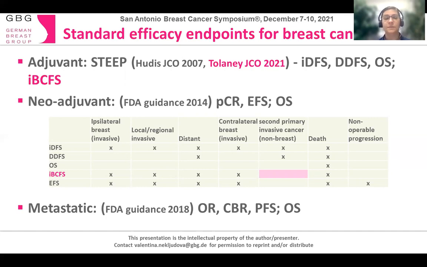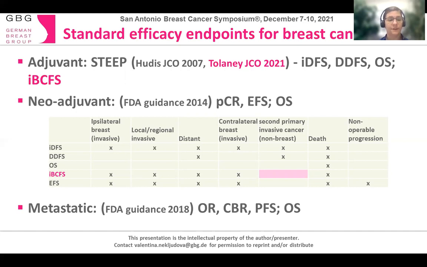For adjuvant breast cancer trials, there is STEEP, which stands for Standardized Efficacy Endpoint in Clinical Trials. STEEP was first published in 2007 and was updated this year. It describes, for example, invasive disease-free survival, distant disease-free survival, and overall survival. In the table below, you can see what is considered as an event for each of these endpoints.